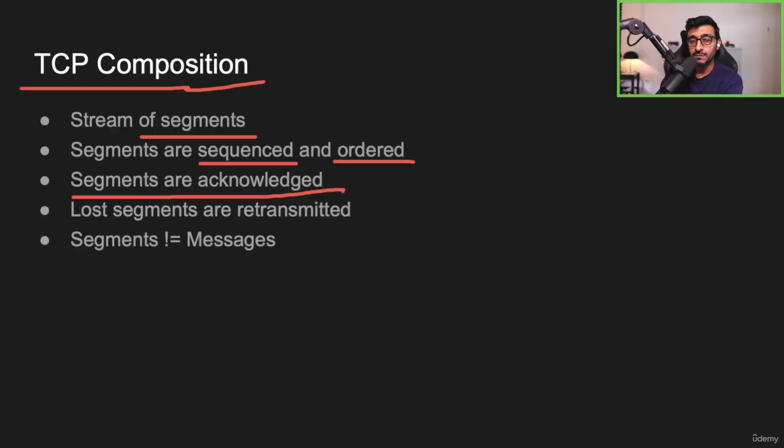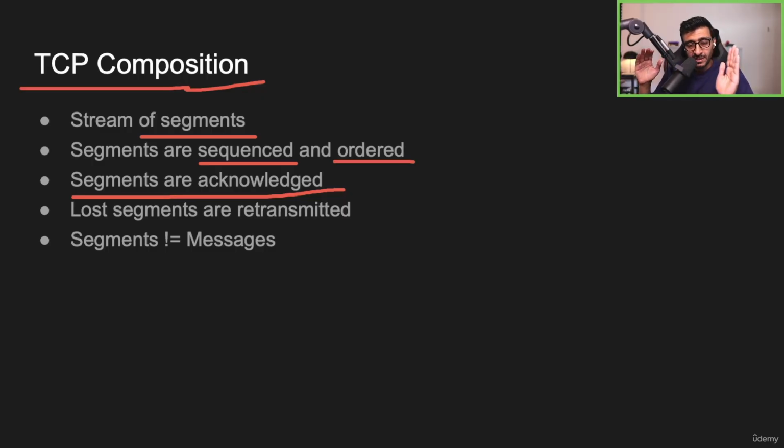Segments are acknowledged. So if you send me segment number 5, the receiver, whether the server or the client, can acknowledge segment number 5. And that tells the sender that, hey, I received 5 and lower. That's the definition of an acknowledgement. You have received this segment and anything below it.